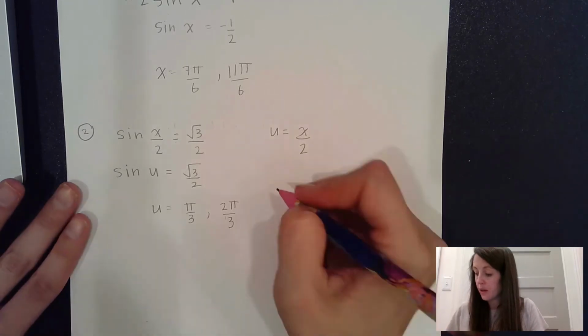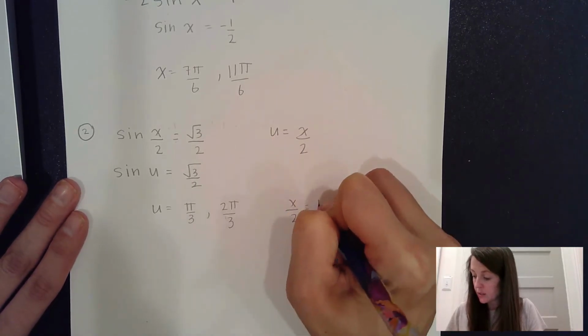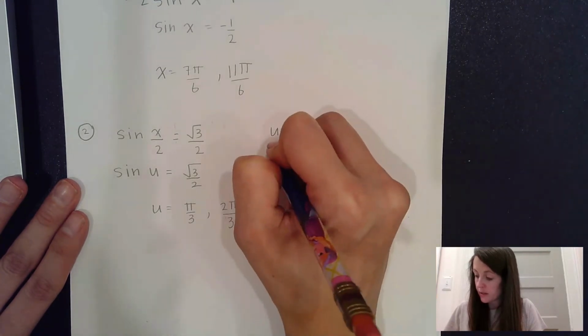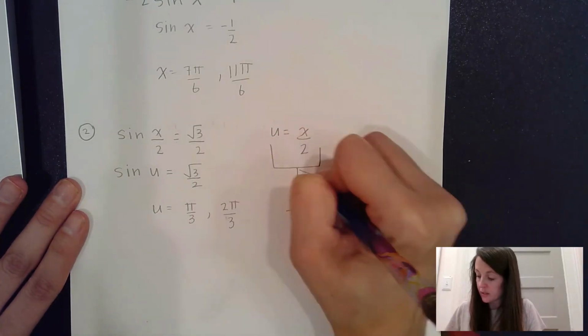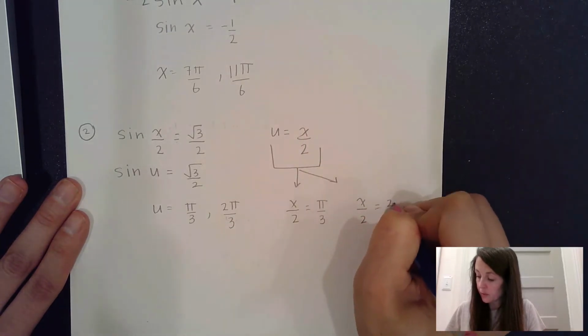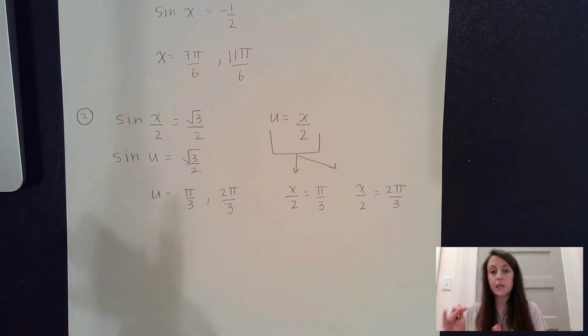But each one of those needs to be set here to both of the values, the radians, because what we're doing is taking half of some angle.